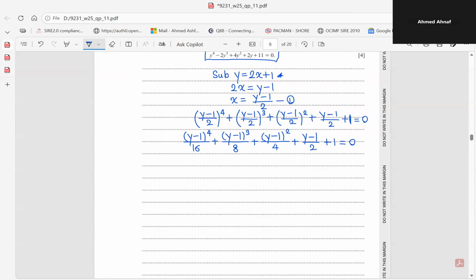To get rid of the denominators, let's multiply both sides by 16.